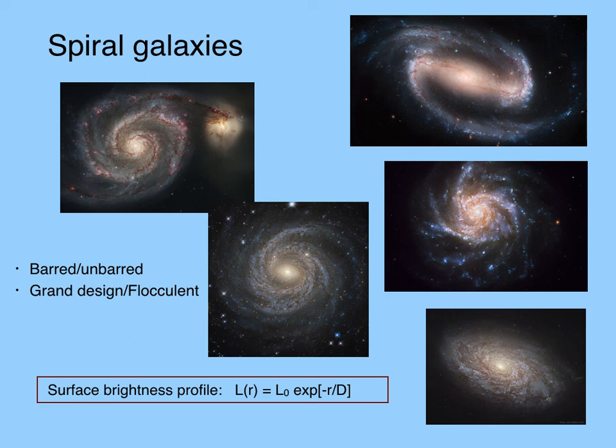The grand design spirals have very well defined spiral arms, while flocculent spirals look a bit diffused with many entangled short length spiral arms.